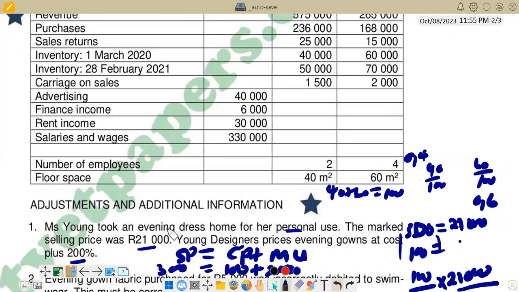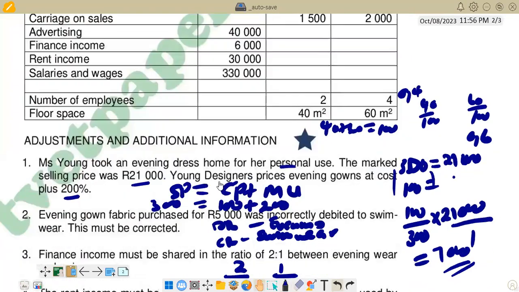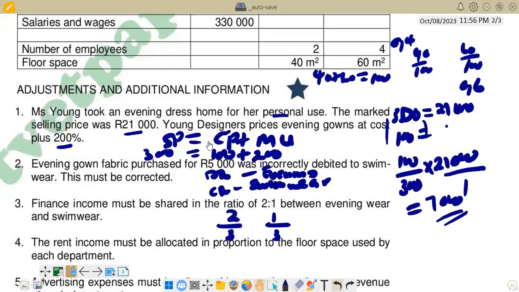We have also advertising. Advertising is here and it's 40,000. So one figure is not allocated, so we need to see what allocation method we are going to use there. We can check the additional information in terms of advertising.